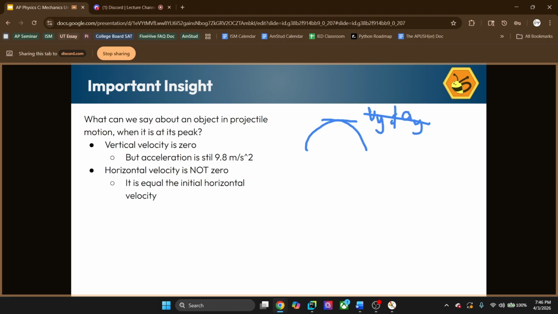The vertical acceleration is always 9.8 meters per second squared. That never changes unless you're on a different planet, in which case it's the gravitational acceleration for that planet. It never becomes 0 for the vertical axis. For the horizontal axis, velocity is never 0 because there is no acceleration in the horizontal direction, and it's always equal to the initial velocity.